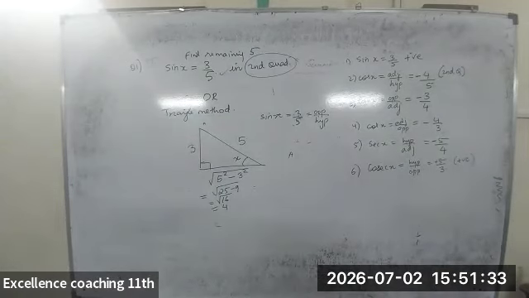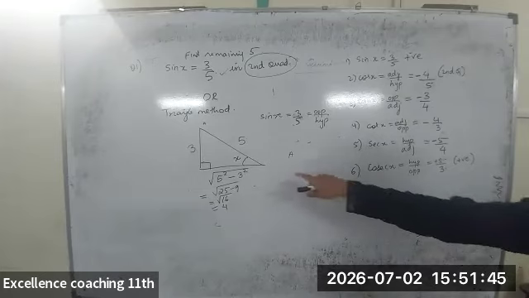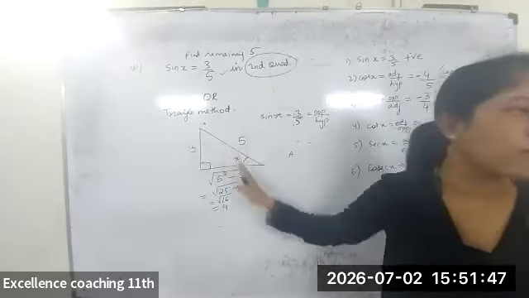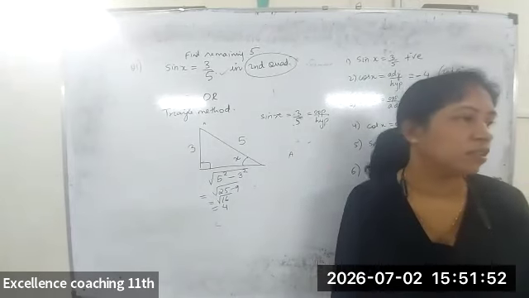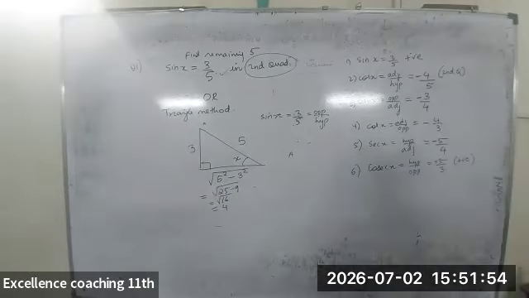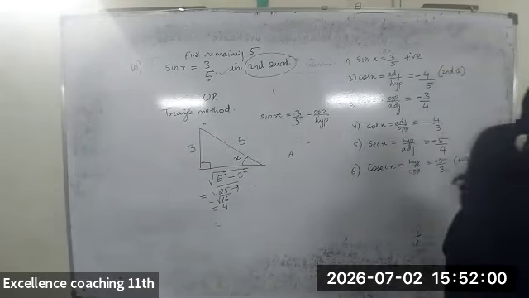Second one: tan x is minus 5 upon 12 in the fourth quadrant. While taking numbers for the triangle, you know that lengths cannot be negative, so take normal numbers only. Then you can put the signs later on. The minus is only to tell that it is in the fourth quadrant. So take 5 by 12 as a number and start solving.